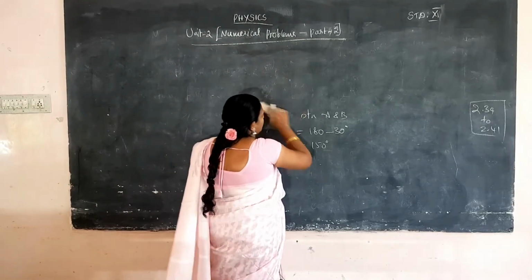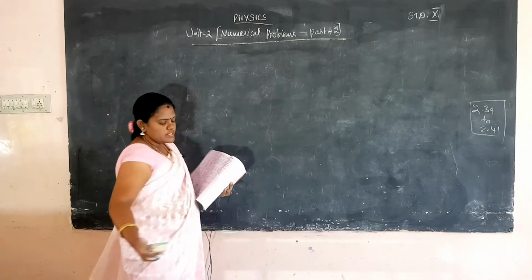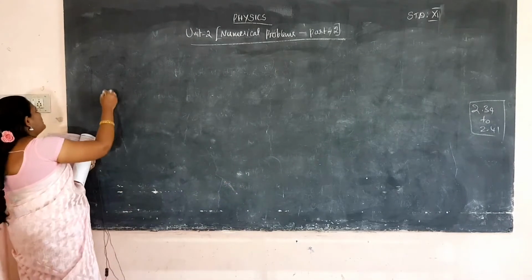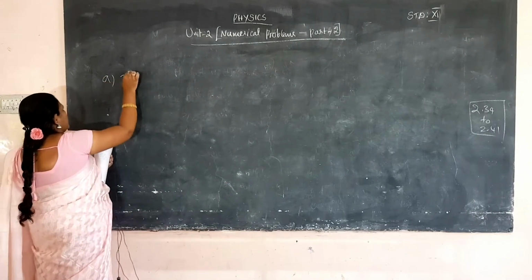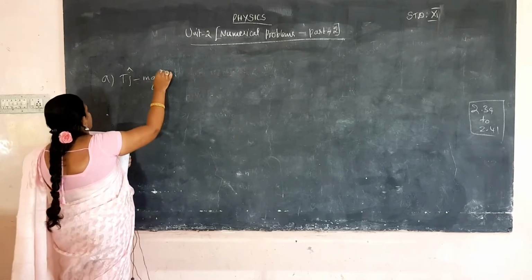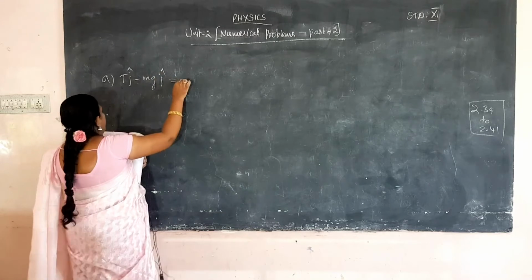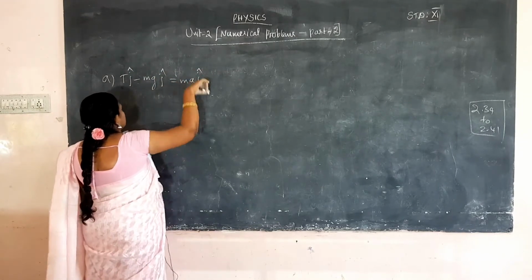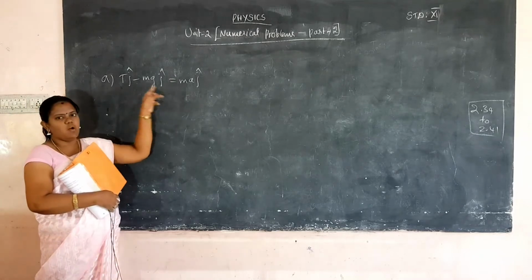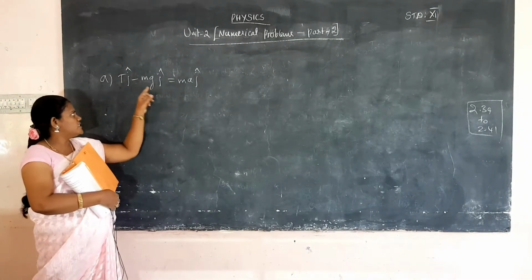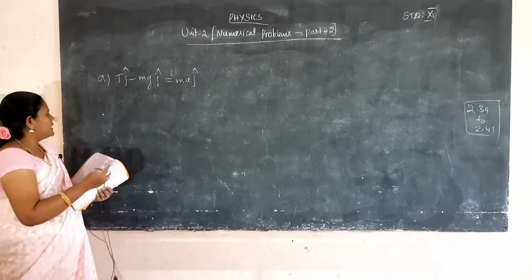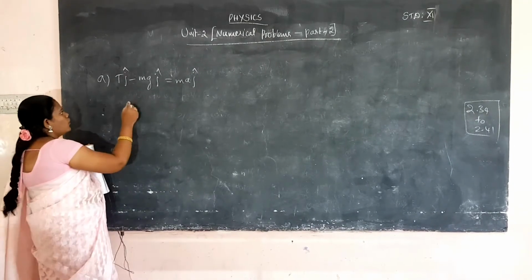So the first problem, part A, is T j cap minus mg j cap is equal to ma j cap. T, mg and ma are all the components. j is the unit vector. So comparing the components means simply mentioning the components.